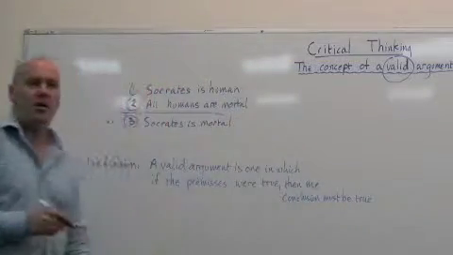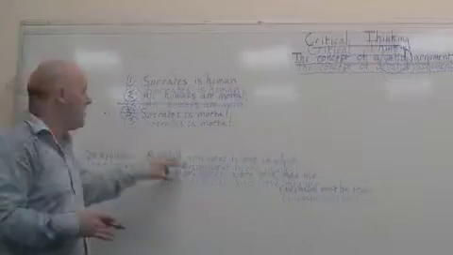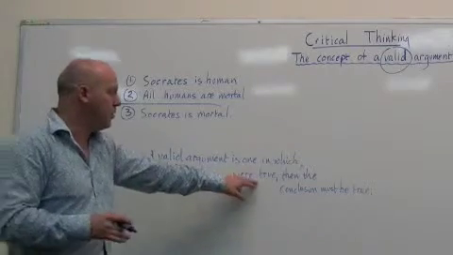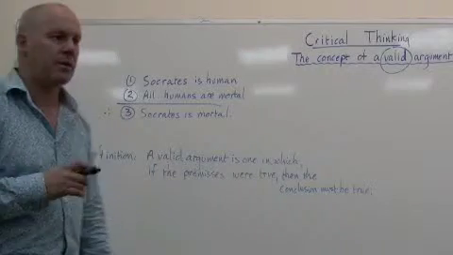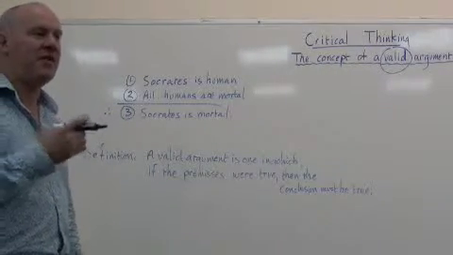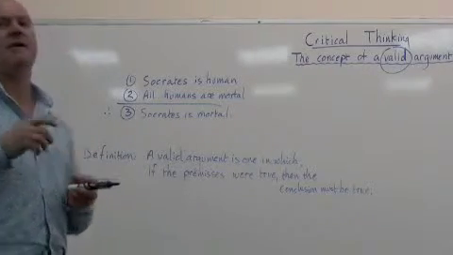Okay. Here is the definition of a valid argument in general. A valid argument is one in which, if the premises were true, then the conclusion must be true. Yeah, this sounds right. But let's have a look at the meaning of the words.